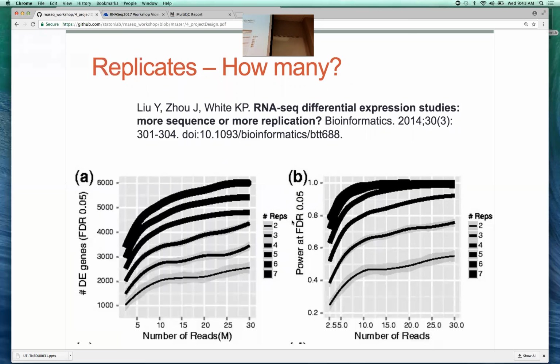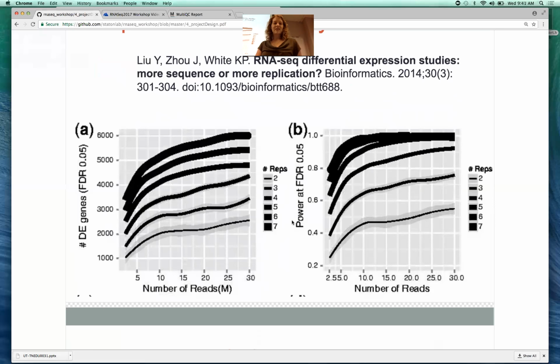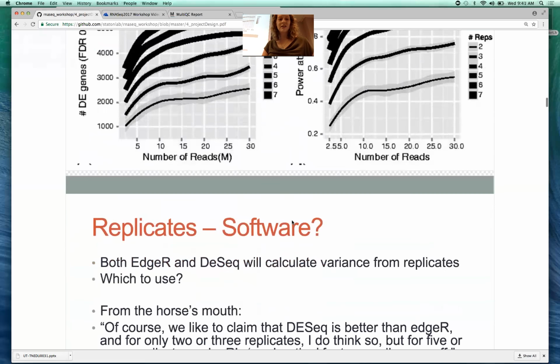But if you add biological replicates, you're much more quickly going to get to the truth. Even if you didn't do the additional sequencing per replicate, you would still do better. More differentially expressed genes would be identified than if you just did more depth of sequencing. That's how I would interpret that. And I put the citation so you can go find the paper. There's a whole bunch more information in there that's really great.